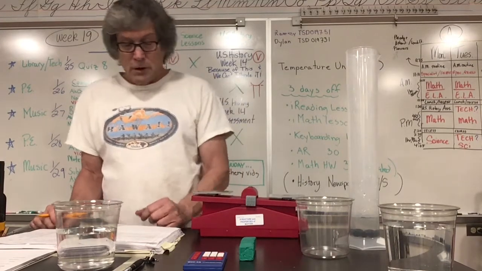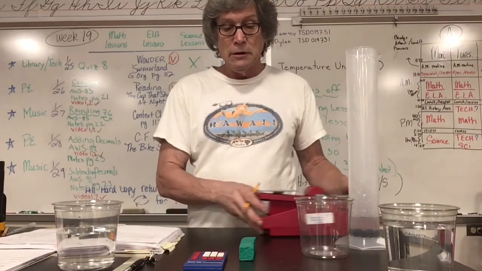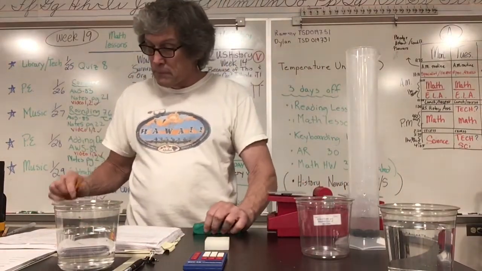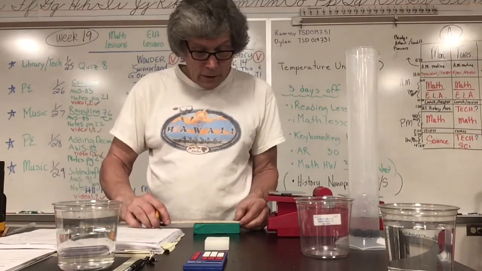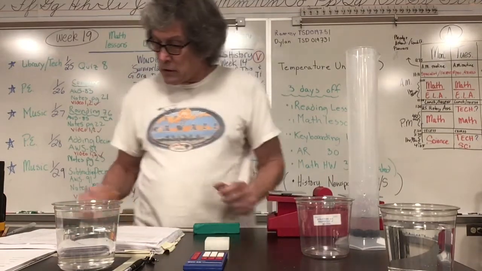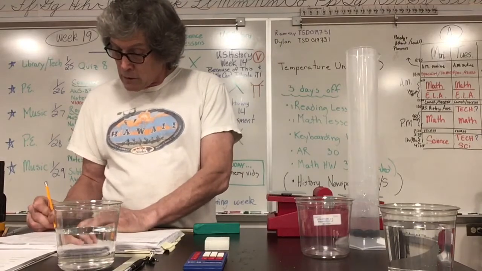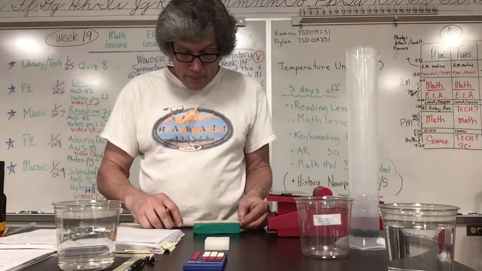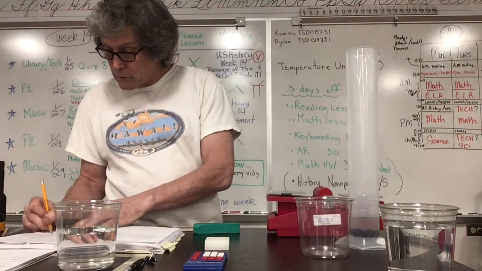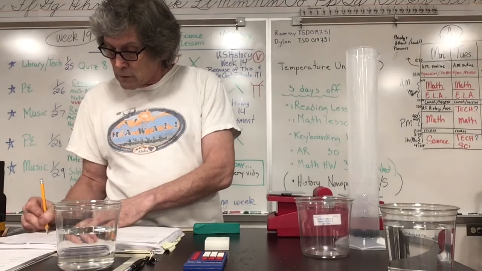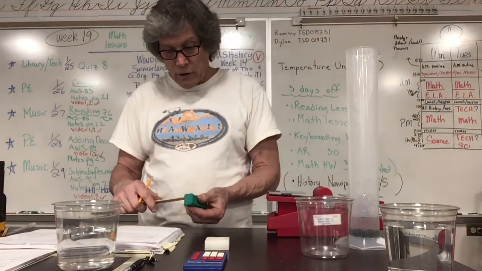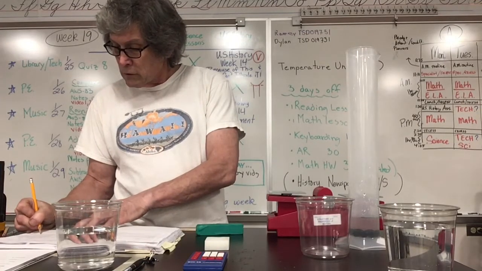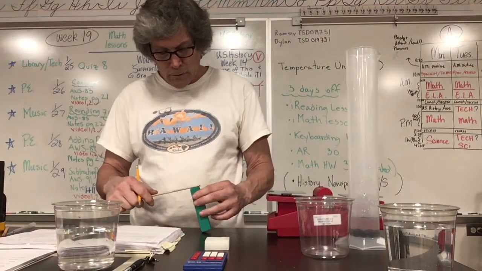Modeling clay. Okay, I'm cheating a little bit on modeling clay. Hope you don't mind. I'm just going to measure it today. So here we go. Don't tell anybody. So we're going to do volume equals, let's see, length is 12 centimeters times, let's see, width, 2 centimeters times 2 centimeters.